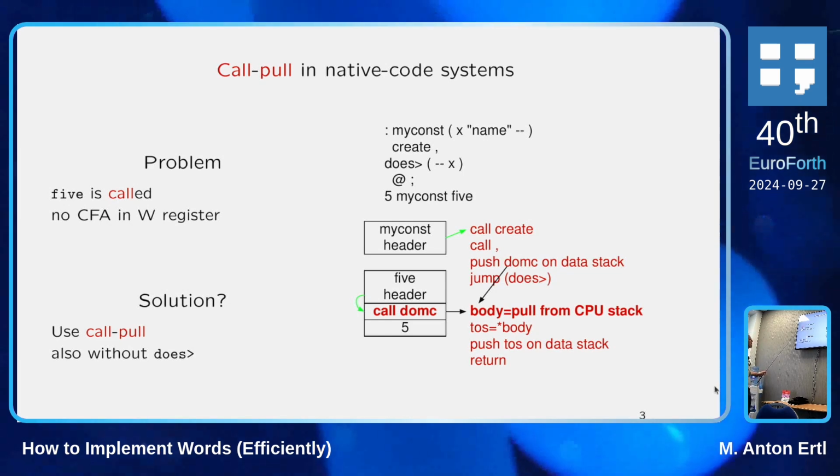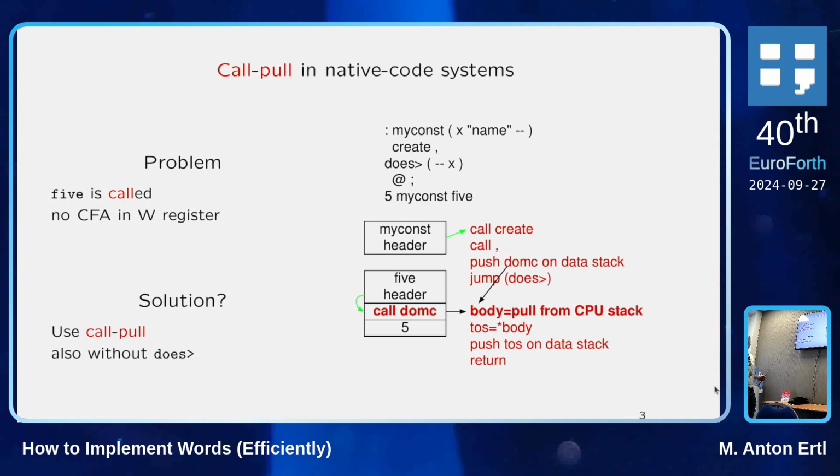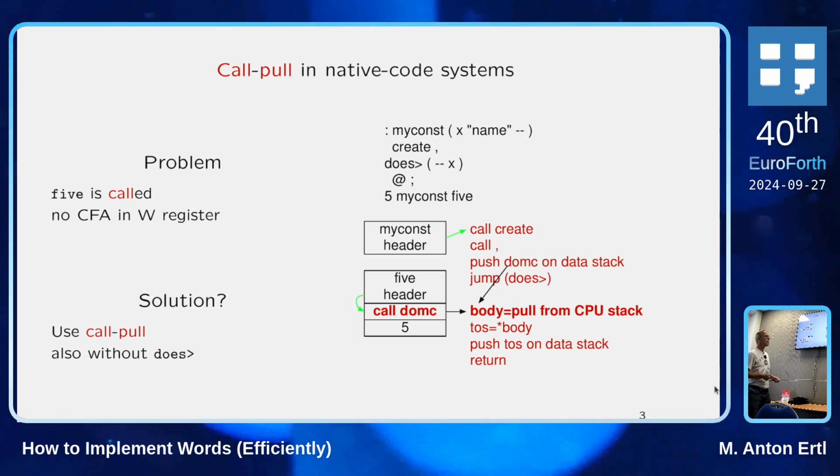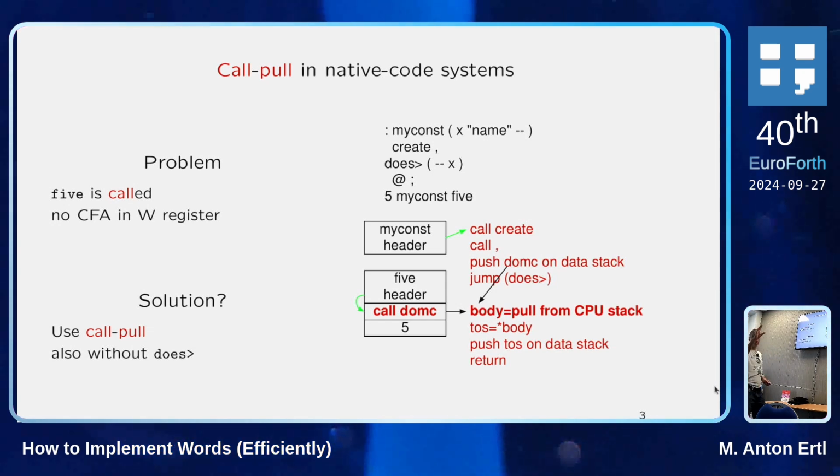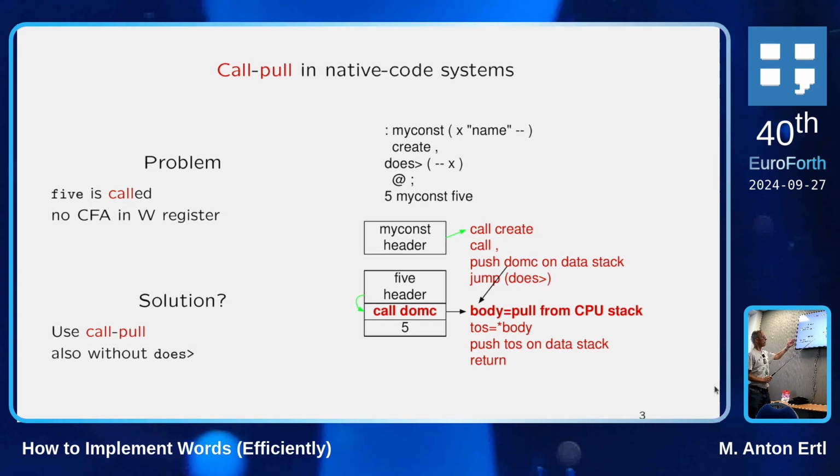So the problem is that typically in subroutine threaded code and naive native code, when you have 5 somewhere along the code, you will have a call to this piece of code. Where should it call?